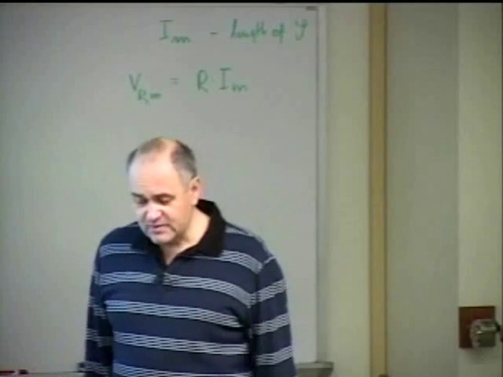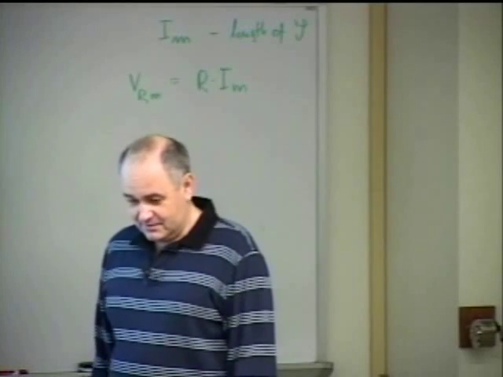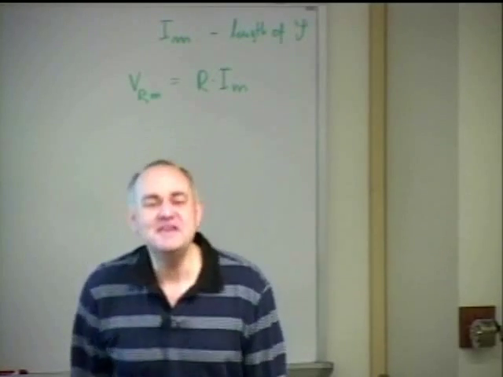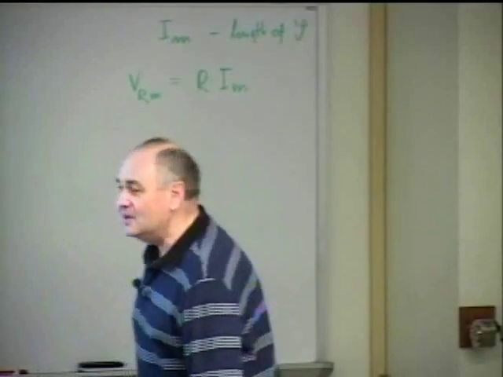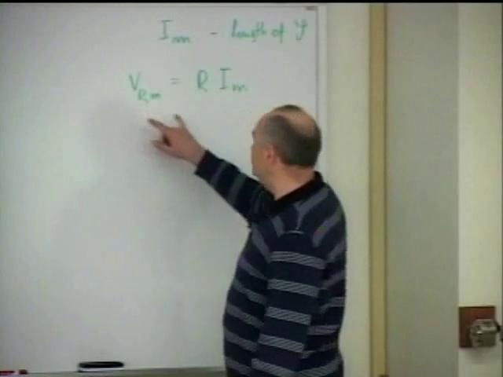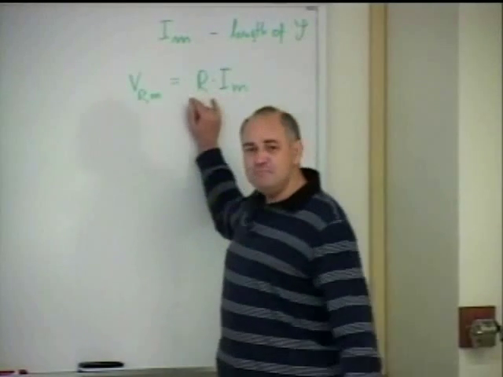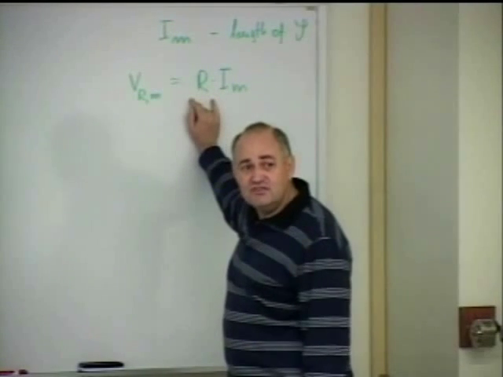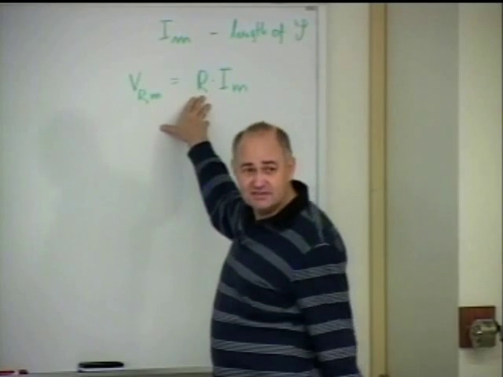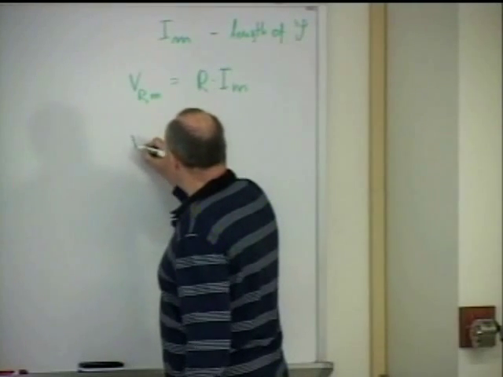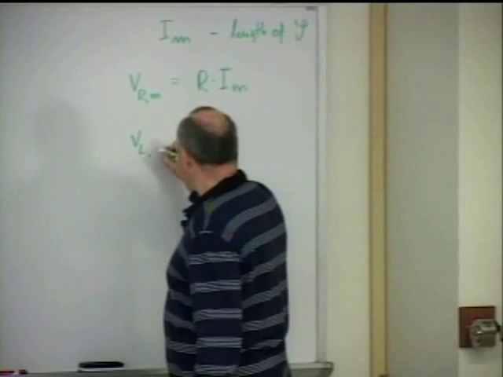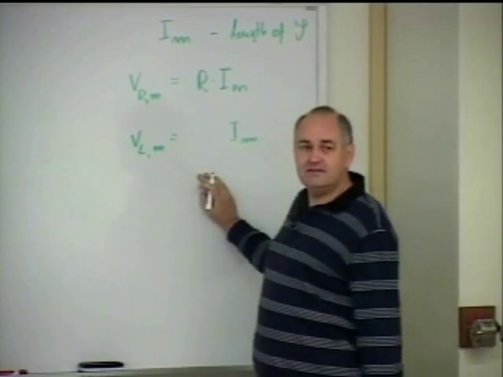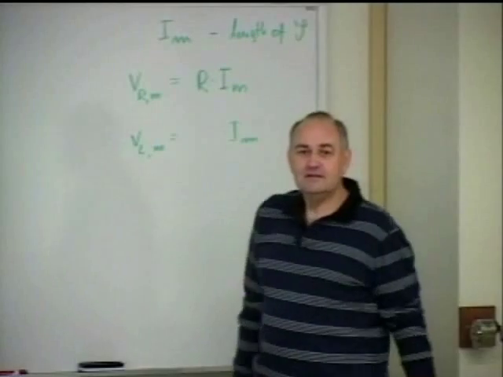All right, now how long is the phasor representing voltage across the inductor? How is this one related to the peak value of the current? Owen. Again, the peak value of the voltage across the inductor is equal to the peak value of the current through the inductor multiplied by the impedance of the inductor, correct.